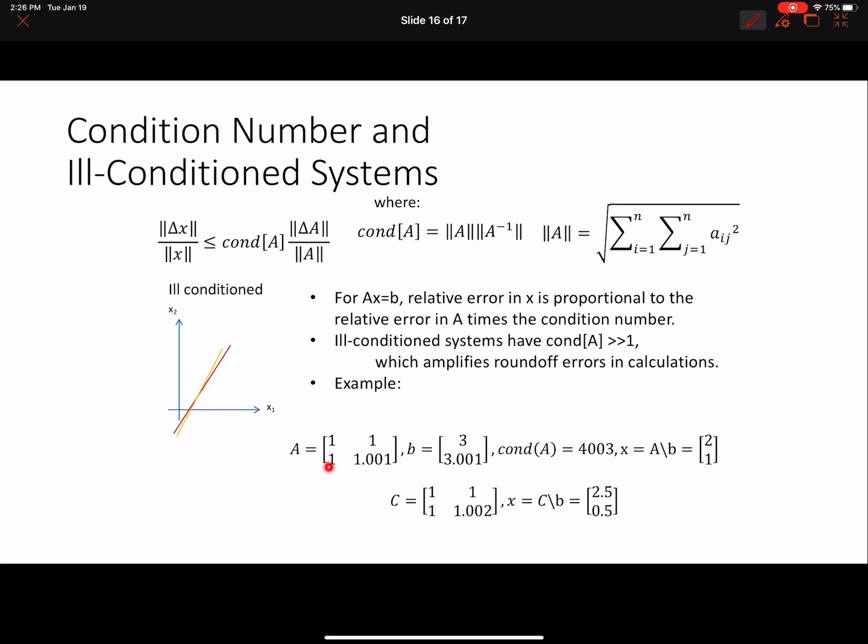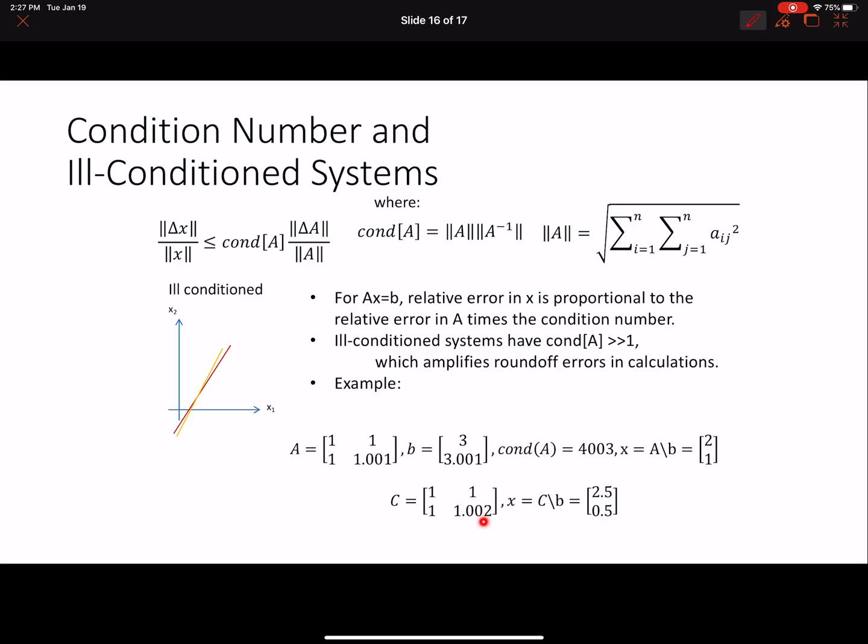So here's a particular example, right? Let's say we have this linear system here, where the A matrix is this one, and the B matrix is that. The condition number is 4003. The real solution to the system is 2 and 1, right? But let's say, because I'm storing these numbers with binary representation in a digital computer, for some reason, instead of storing 1.001, it's stored as 1.002.